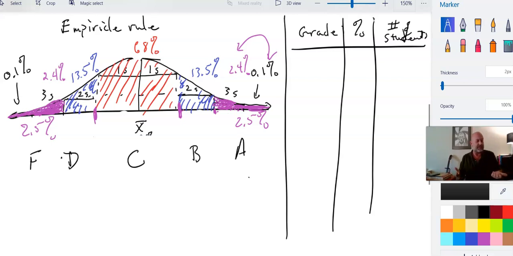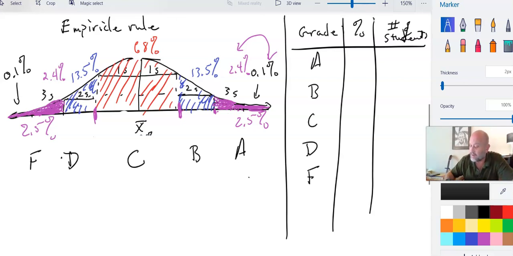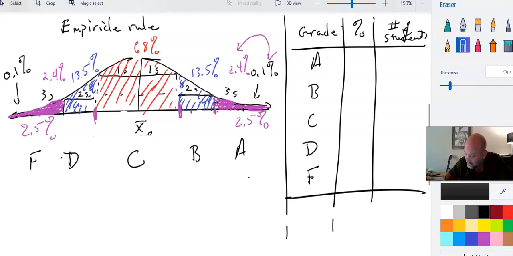And it doesn't seem so bad. So let's take a look. We got A, B, C, D, F. And just for the sake of computation, I'm going to make this a huge class. I'm going to say that n equals 200.